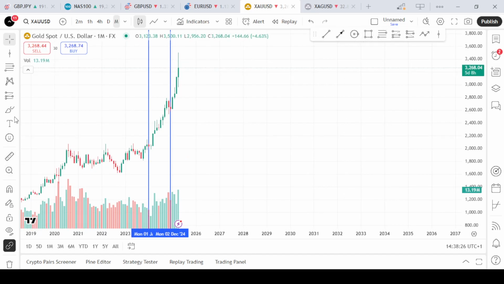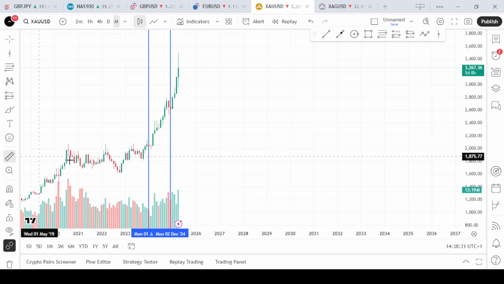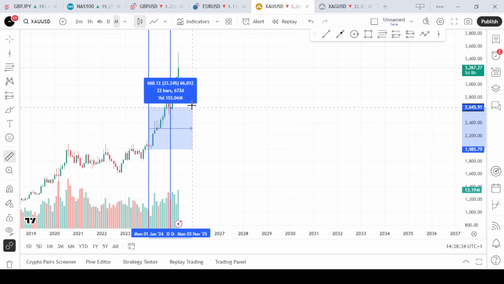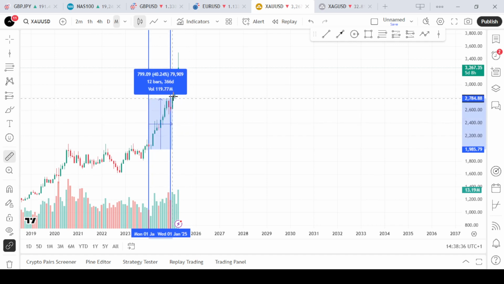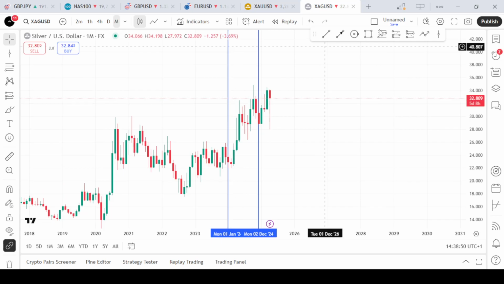Maybe we would start by measuring the total distance to know which of them went higher. And as we can see, gold went a distance of 799 pips for the whole of last year.